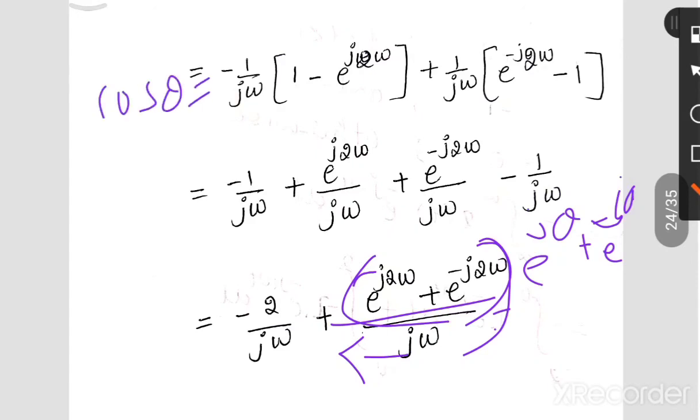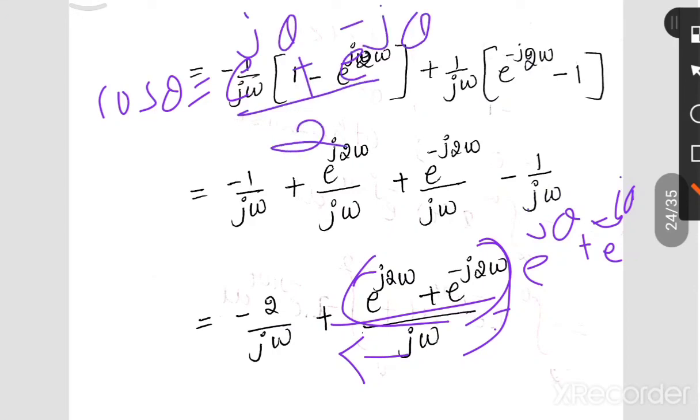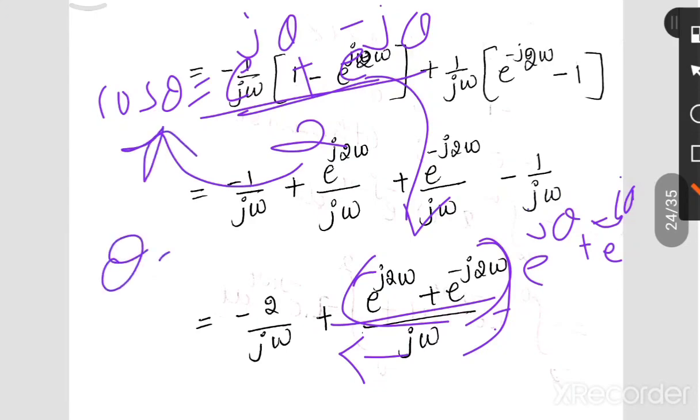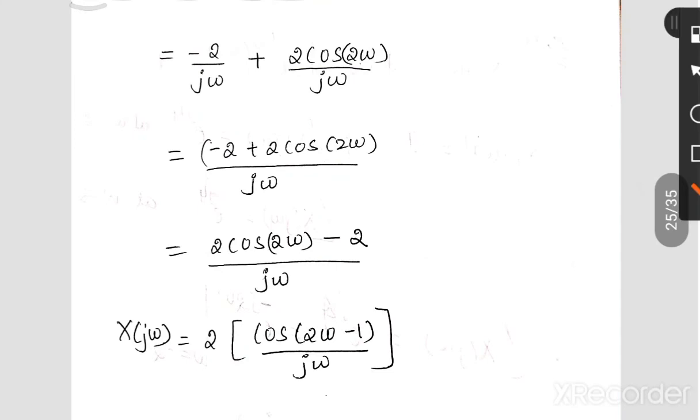Cos theta will be equal to e raised to j theta plus e raised to minus j theta divided by 2. Here we have e raised to j theta plus e raised to minus j theta, which equals 2 into cos theta, where theta is 2 omega here. Substitute the same value here: the denominator as it is, and the numerator is 2 cos 2 omega over j omega.